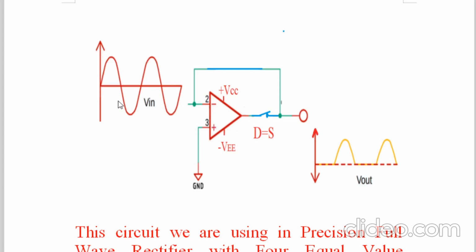When the voltage is minus at inverting, the output voltage will be plus. Now the output voltage is plus and it is coming to the output because the diode is behaving as a closed switch. During the positive half cycle, the output will be LVL, the diode will not conduct, it will behave as an open switch, therefore the output voltage will be 0 volt.